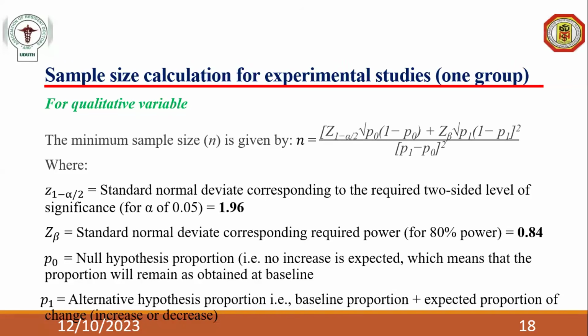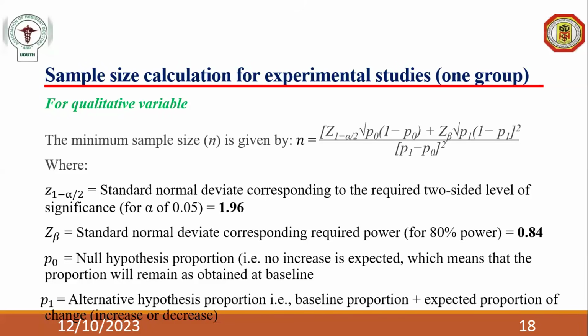You educate them adequately. After you educate them, you measure their level of knowledge again. So you want to compare their knowledge before you gave them health education and their knowledge after you have given them health education.